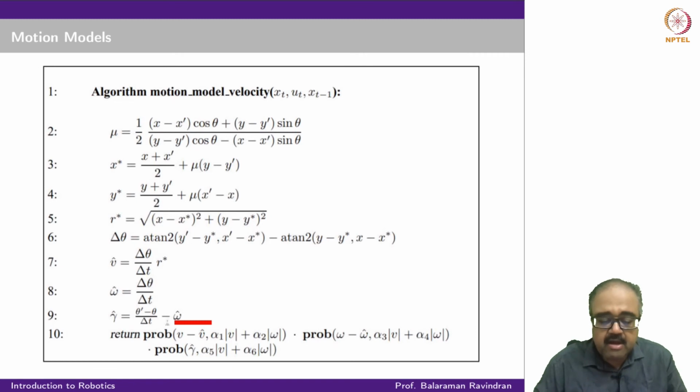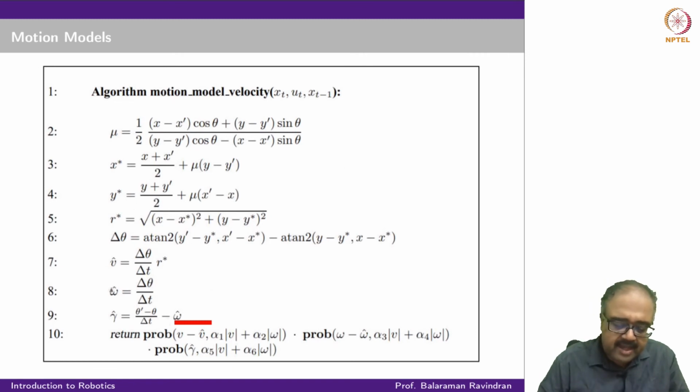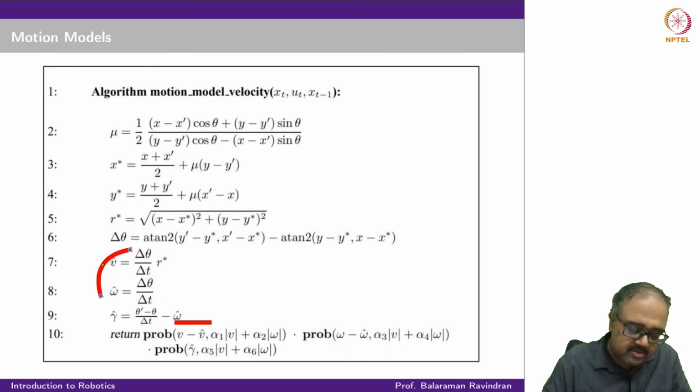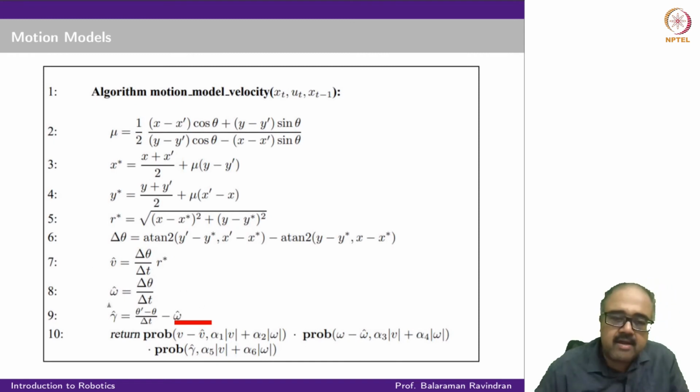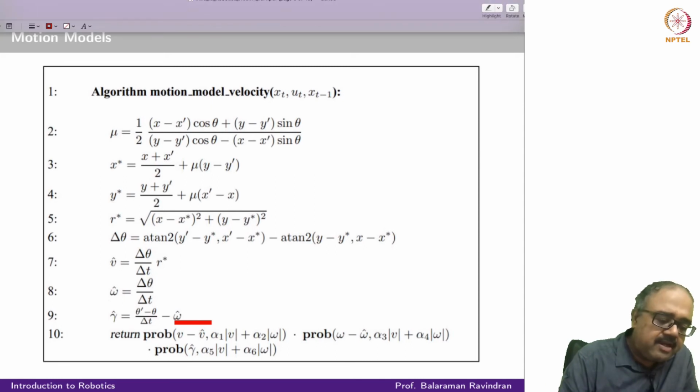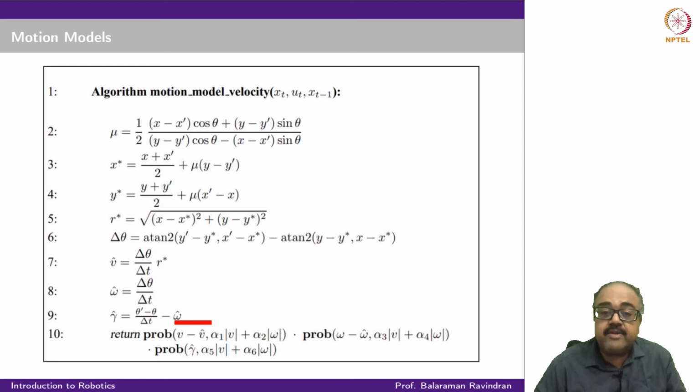And to see that this is the actual velocity components that are applied, what is the probability that will happen, assuming that the true velocities that we used were v and omega. That is basically what this function returns.